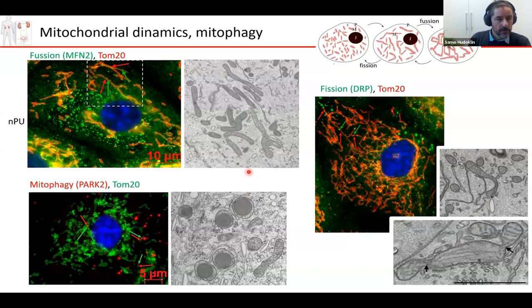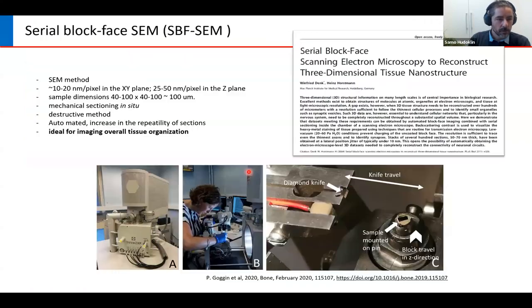And for that, we said, let's go with serial block face SEM, as it enables us to analyze the largest volumes. Serial block face SEM is a method that has an ultramicrotome within the microscope. Here's the sample, here's the knife.